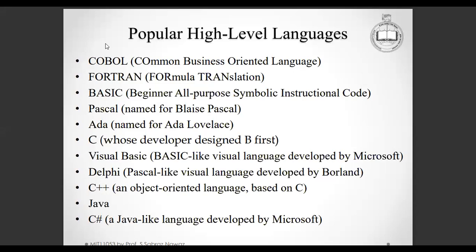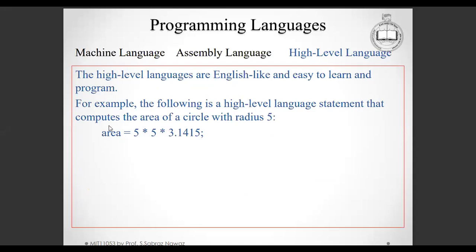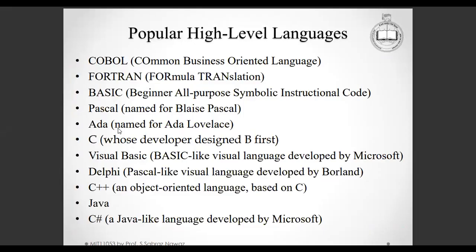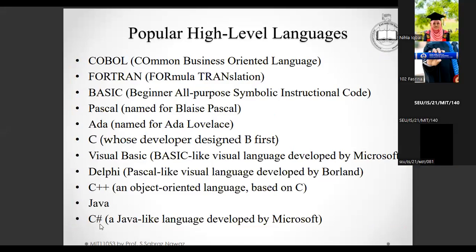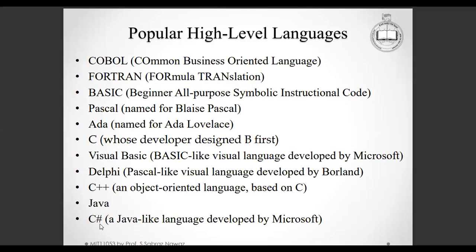So here you can see some of the popular high level languages. Maybe COBOL, Fortran, Basic, Pascal, Ada. These may sometimes not be familiar to you, but C, Visual Basic, C++, Java, C Sharp might be familiar.